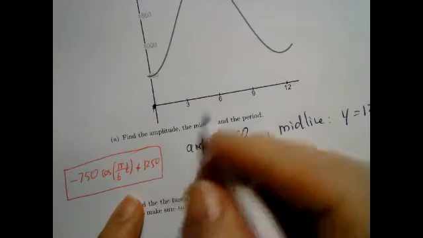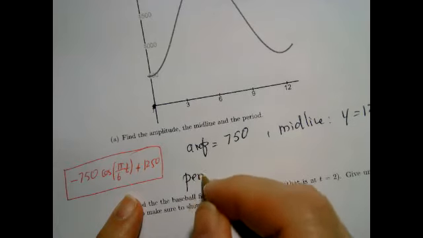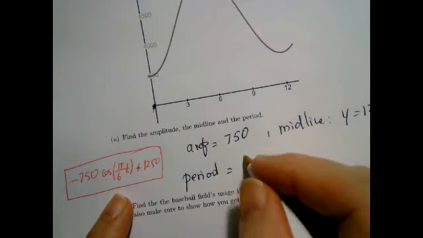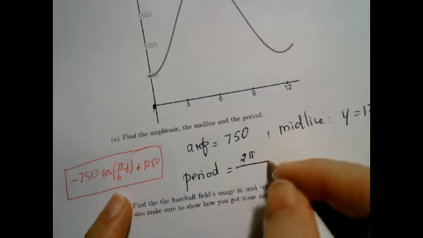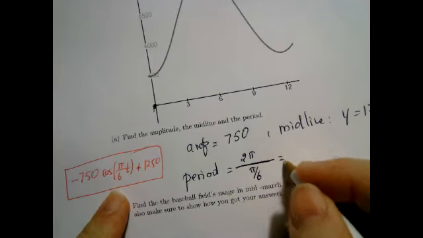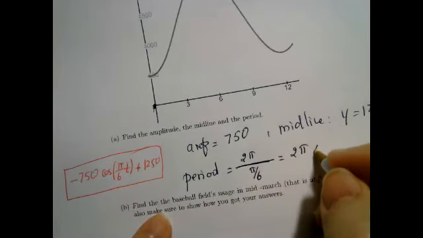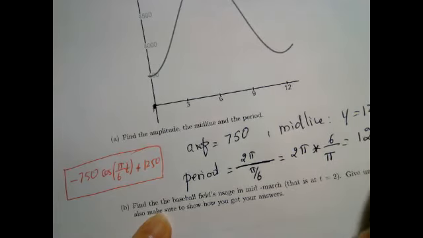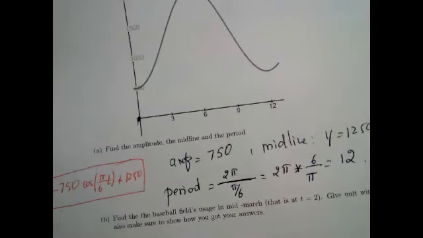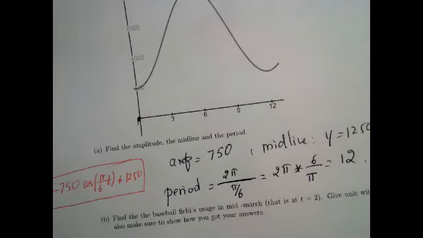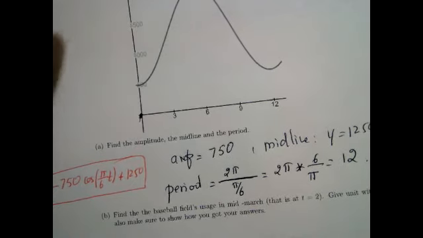Even though it was clear from the graph, sometimes I will not give you the graph, so we have to find the period. It's 2 pi over b, which is pi over 6. It means we use the fraction times 6 over pi, which gives me 12. So the period is 12. It takes 12 units, that's a year, and then the cycle starts repeating itself.